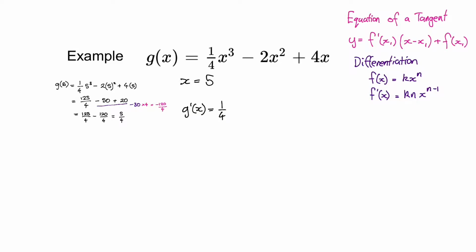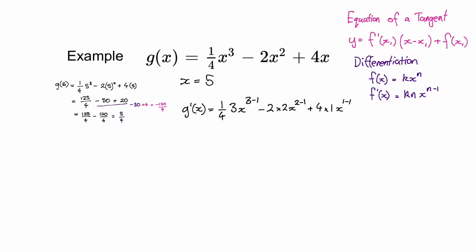The 3 is going to come down, so we get 3x to the 3 minus 1. Next we have our minus 2, our 2 up here comes down, so that's times 2x, now the 2 minus 1, plus 4. We have a 1 up here, so we'll bring that down, times by 1, x to the 1 minus 1.